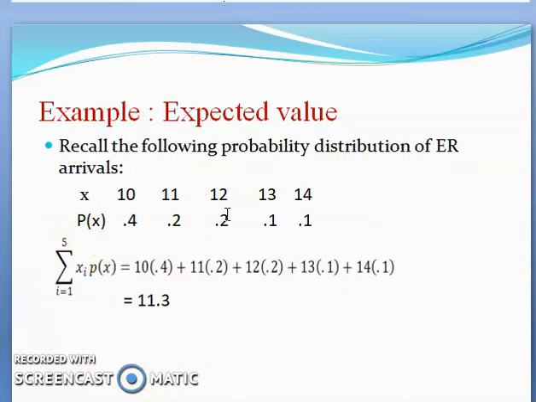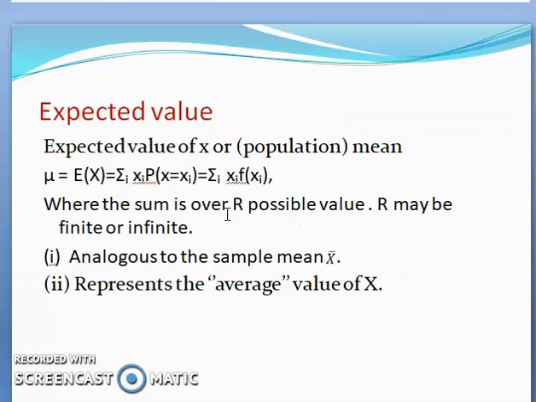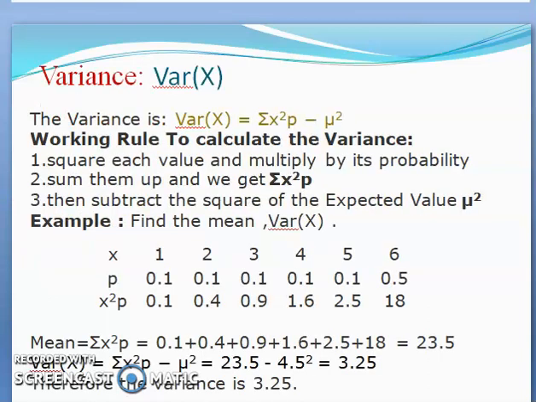Then, expected values. The expected value of X, or population mean mu, equals E(X) equals sigma of xi times pi. So this is the expected value of the data. Now, variance of X equals sigma of x squared times p minus mu squared.